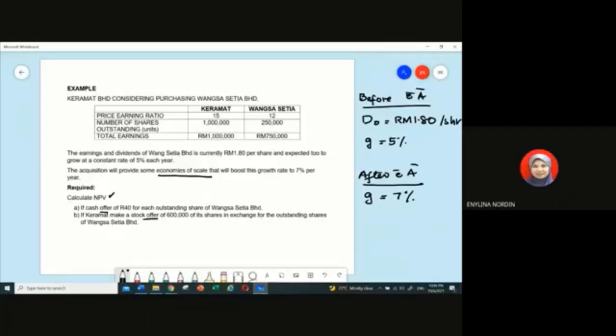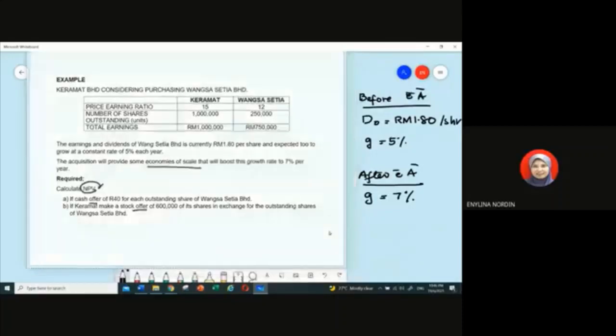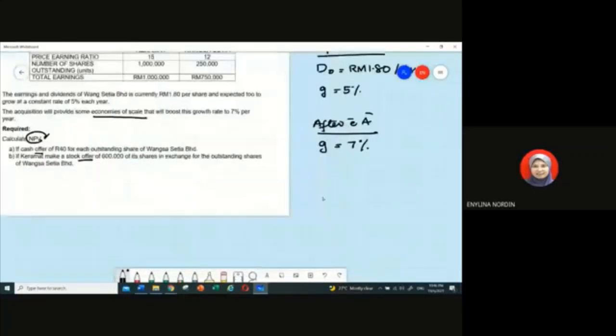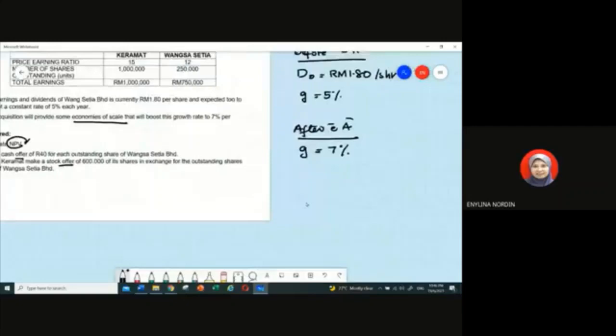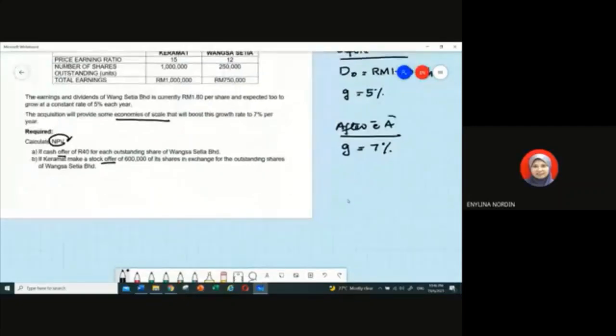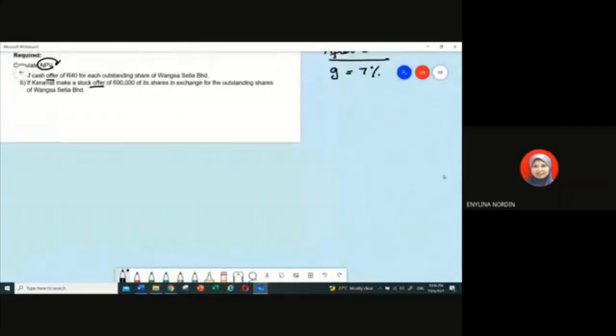Before we start calculating the net present value, I need to show you 3 steps that are involved in order to answer the question.